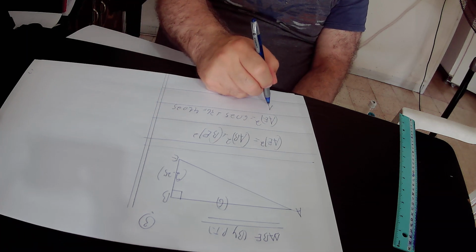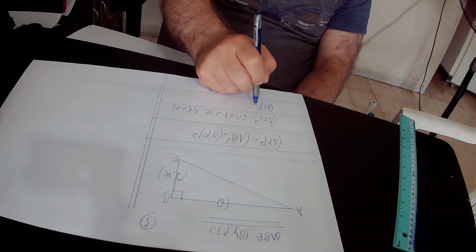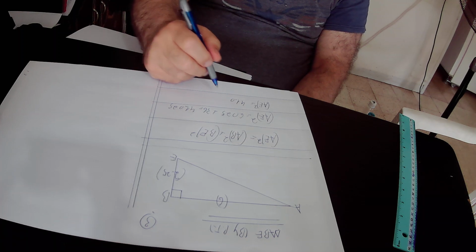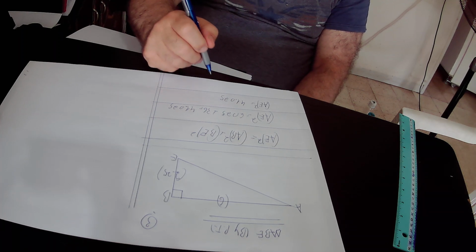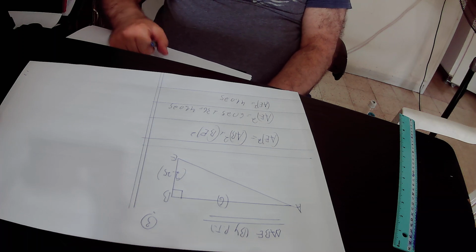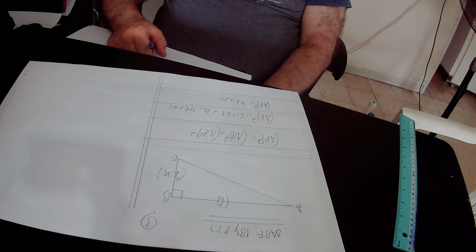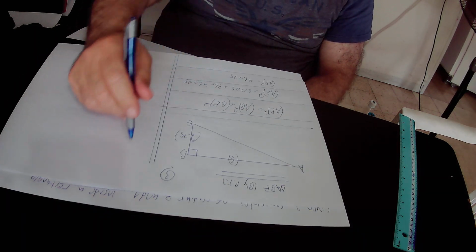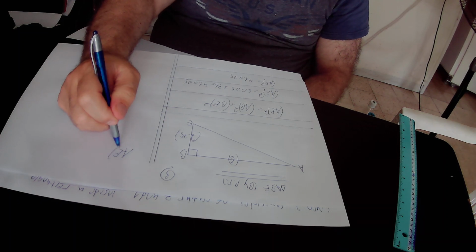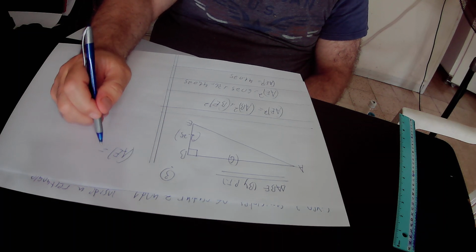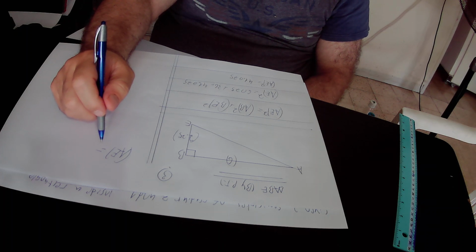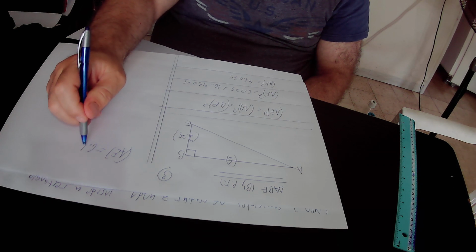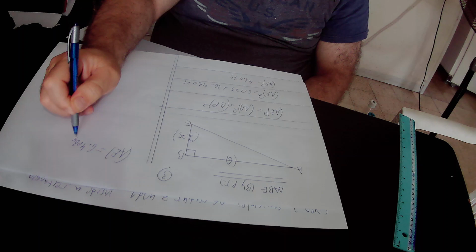So we found out that AE squared equals 41.025, so here we take the square root of this equation and finally get that the missing side AE equals the square root of 41.025, which is 6.408 units.